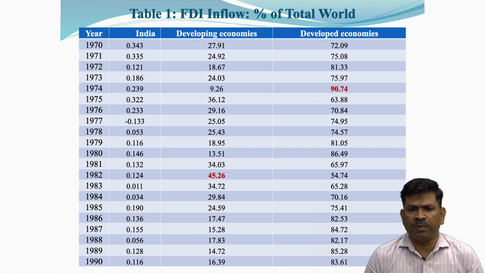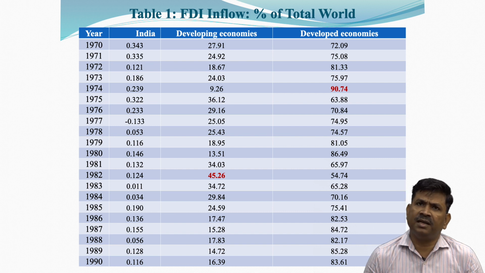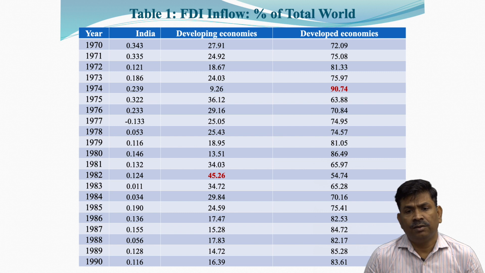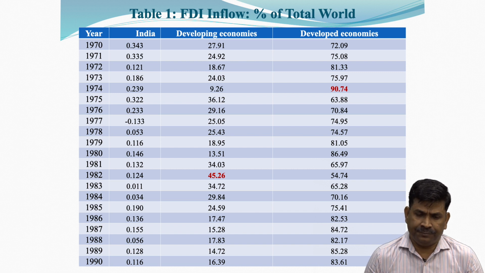The majority of FDI inflows were concentrated in developed countries during this period. While FDI inflows in developing countries were showing fluctuating trends, FDI inflows in India were insignificant and less than 0.5%.